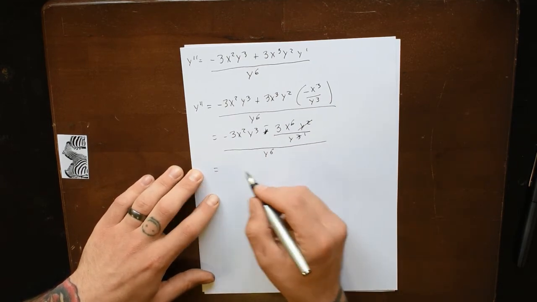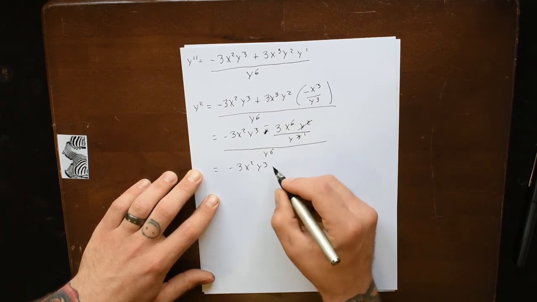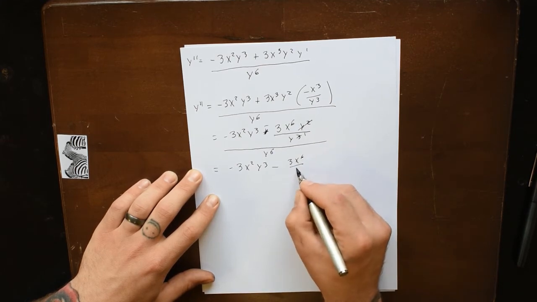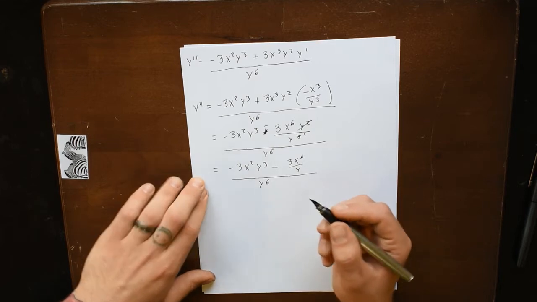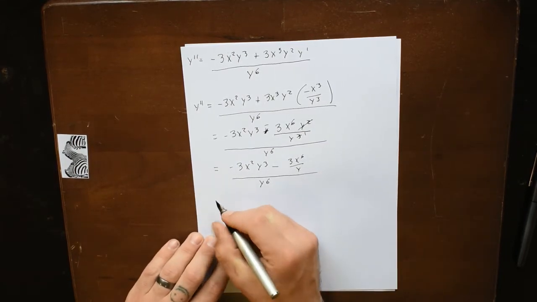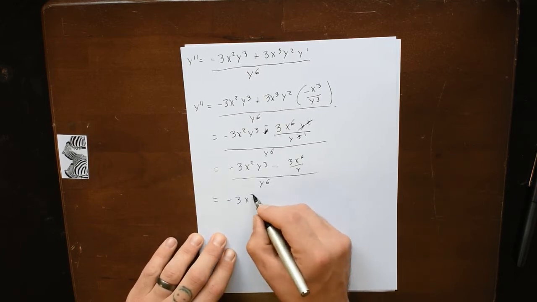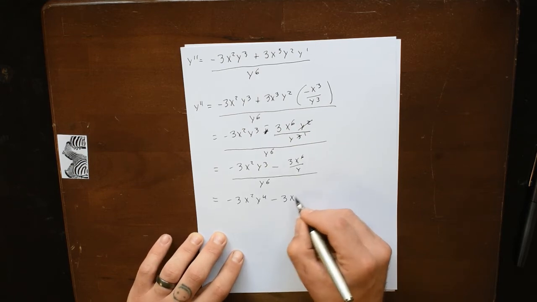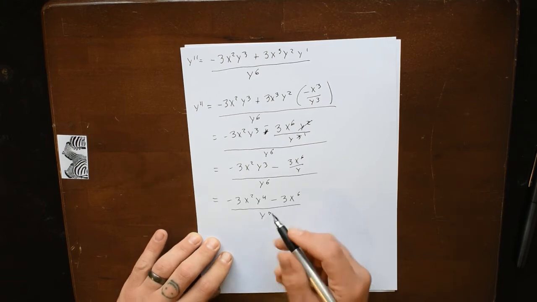And this is equal to negative 3x squared y cubed minus 3x to the sixth over y, divided by y to the sixth. If I multiply top and bottom by y, this will be equal to negative 3x squared y to the fourth minus 3x to the sixth all over y to the seventh.